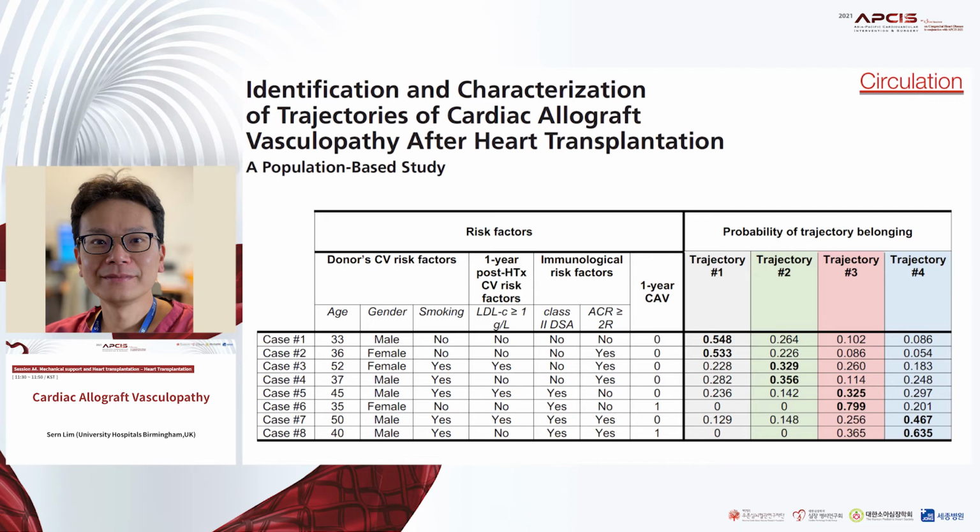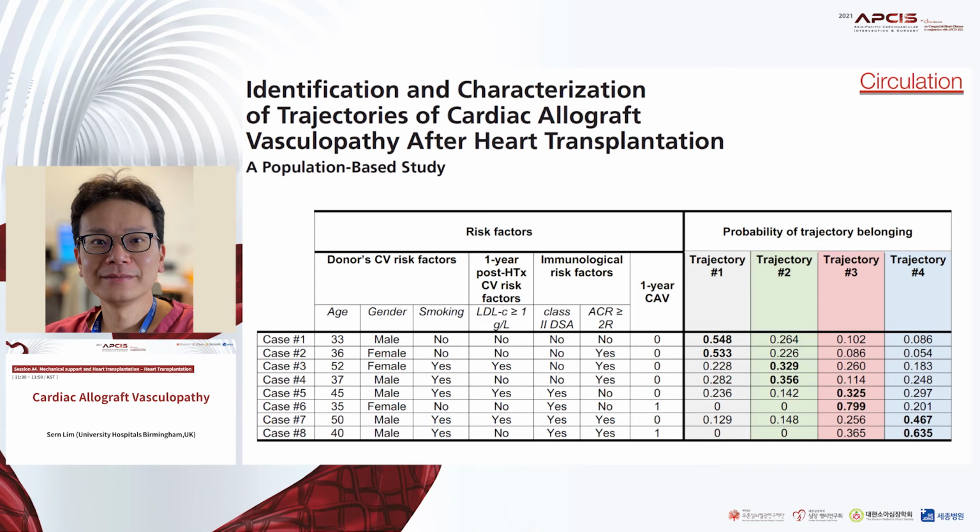In case 1, for example, the patient has a very high probability of being in trajectory 1 or 2. So generally speaking, a very good prognostic group. You will see that the 6 parameters here are divided into 4 categories: the donor characteristics, the recipient immunological factors, and also the lipid profile.